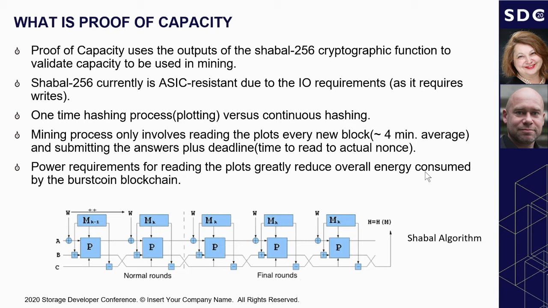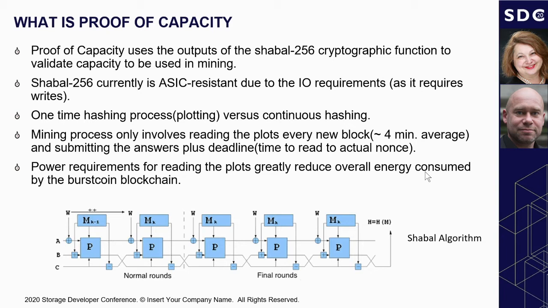It's where you are processing, assigning hash and data block size. Each one is equal. Once you finish that, the next step is so-called mining, where you are reading a plot by doing memory reads and submitting answers plus a deadline, the time to read for the actual nonce.